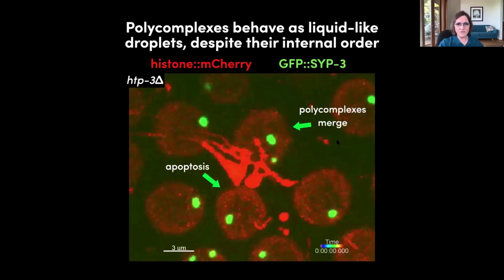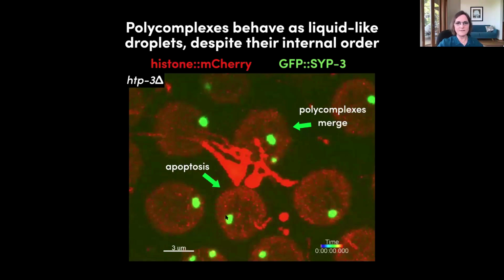We could also watch them in living worms not treated with hexane diol. In this case, the nuclei are marked by the fluorescence of this histone mCherry fusion. And what you'll see as I play this movie, hopefully, is that these bodies have liquid-like behaviors. These two polycomplexes will bump into each other and fuse. And then this nucleus is about to undergo apoptosis, which is a frequent event in oocytes in C. elegans.